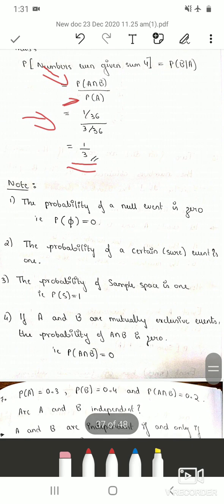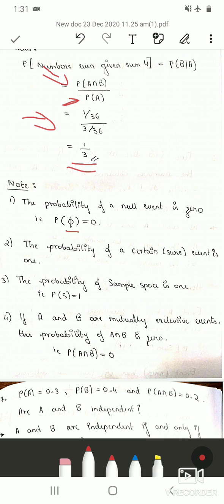So these are some important notes. The first note is the probability of a null event is 0. The null event is denoted by phi. Therefore, probability of phi is equal to 0. The probability of a certain or sure event is 1.